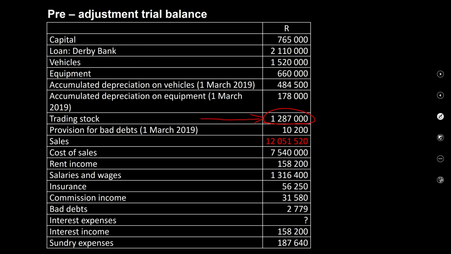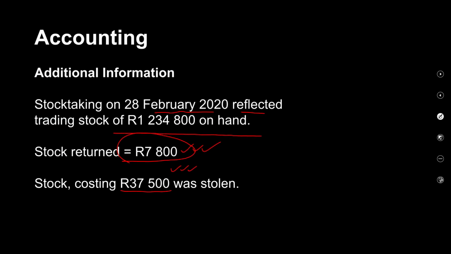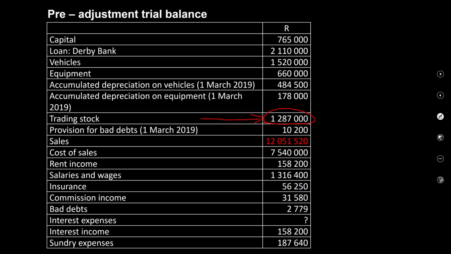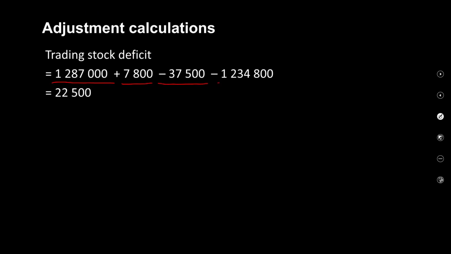As per my stock take, my final stock figure was 1,234,800. That is your final stock figure as per your physical inventory. Meaning, if you do the calculation, you find that there's a shortage of 22,500.